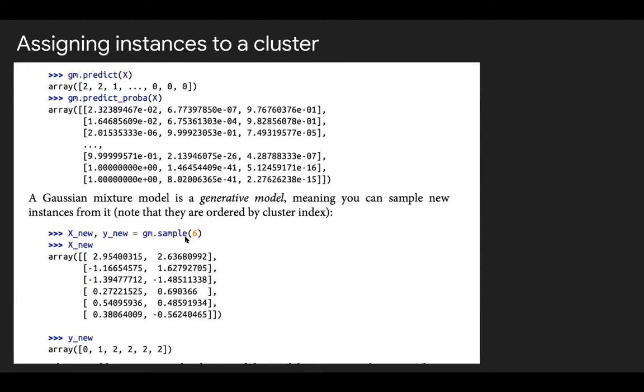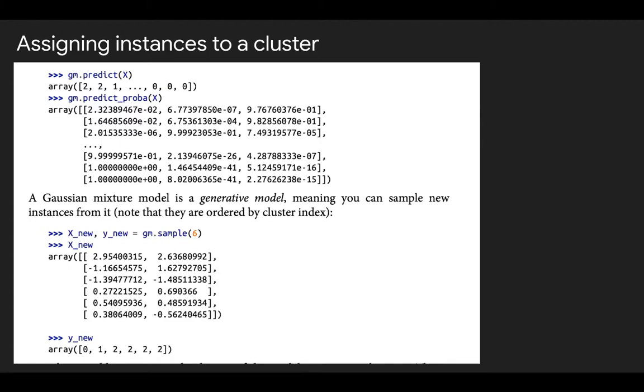Now that we know the number of clusters, 3 clusters, and we know the size, the shape, and the relative weights, the next thing we can do is try to assign these instances to the clusters that we have. There are 2 ways we can do this: we can make use of the predict function or the predict_proba function. The predict function does hard clustering. It assigns either 0 to 2.